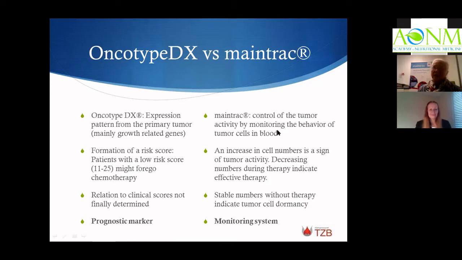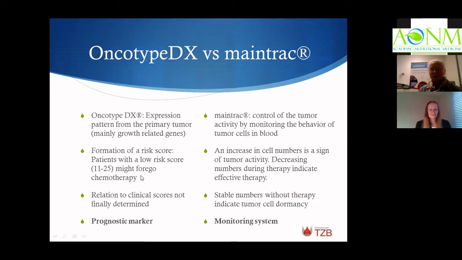We are looking for the tumor activity by monitoring the behavior of the cells that have reached the blood. Oncotype DX forms a risk score, and they claim that patients with a low risk score might forego chemotherapy. For us, an increase in cell numbers is a sign of tumor activity.